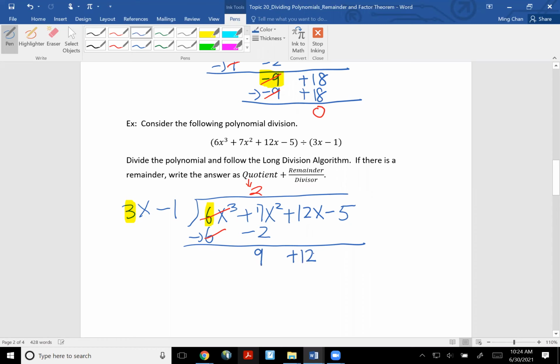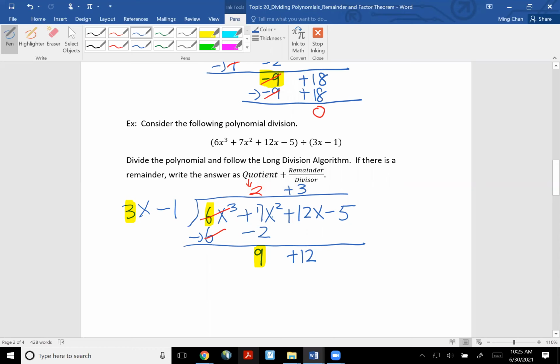Bring down the next term, +12. Start my process over. Now my first term on the inside is 9. So I take my first term on the outside, 3, go into the first term on the inside, 9. 3 goes into 9, +3 times. I put it above the following dividends, behind the 2.